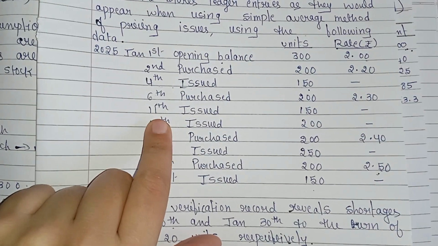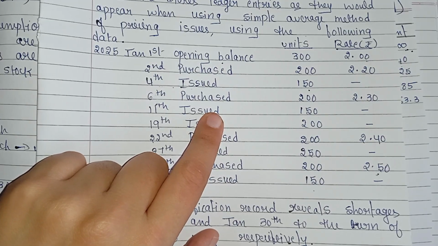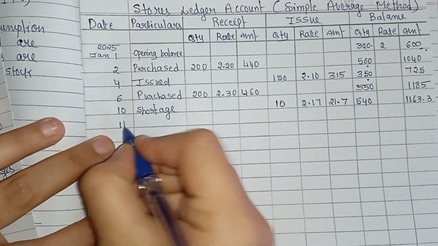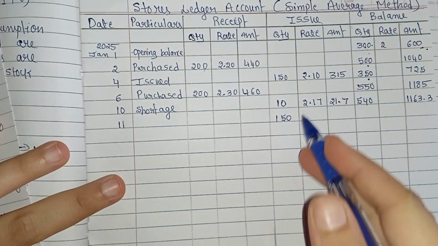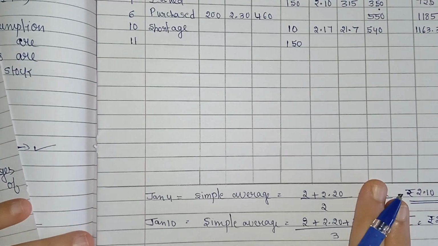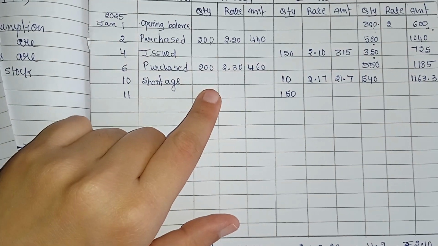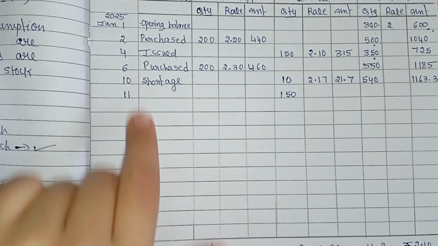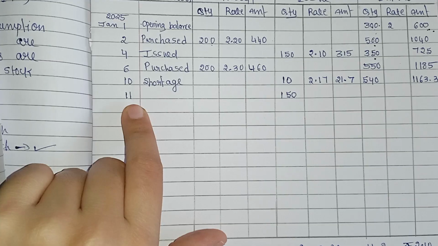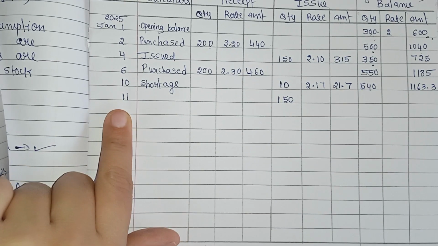After 10, go to the 11th. On Jan 11, issued 150 units. So on Jan 11th, issue 150 units. Issue price. Now again we need to calculate. But here there is no purchase. After 10th, there is no purchase, right? Means the issue price on Jan 11th is 2.17 only.